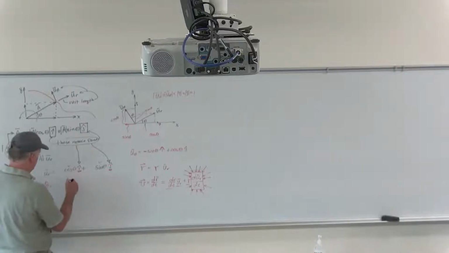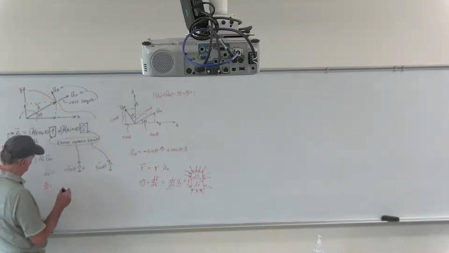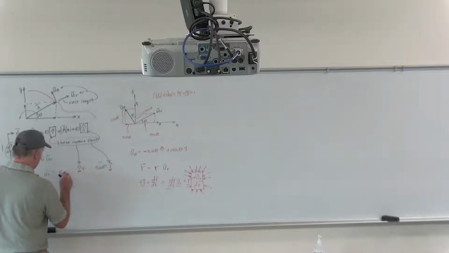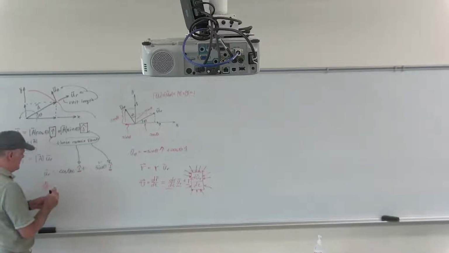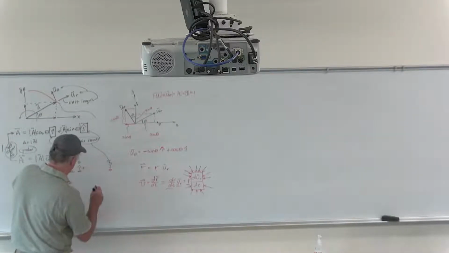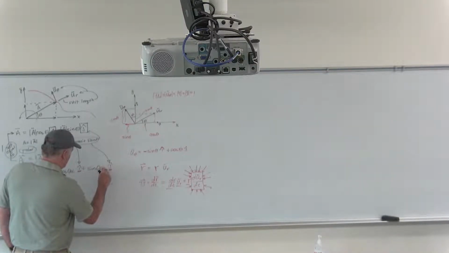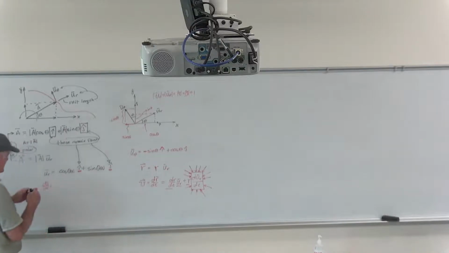Well, let me scoot this over and be very specific about this. I'm going to say cosine of theta, which is a function of time. And I'm going to scoot this one over, and say sine theta, which is a function of time. Nothing fancy, it's just that.